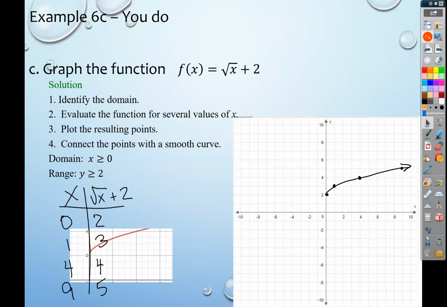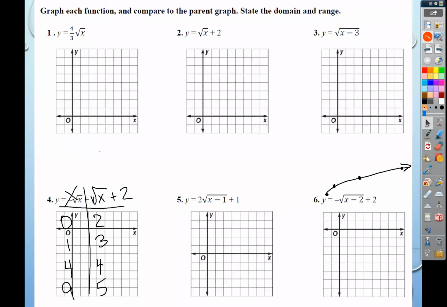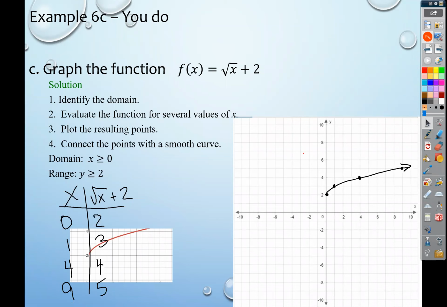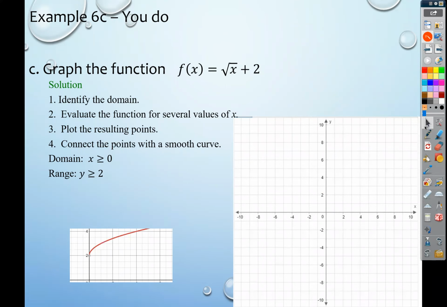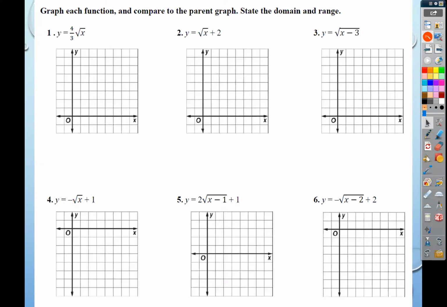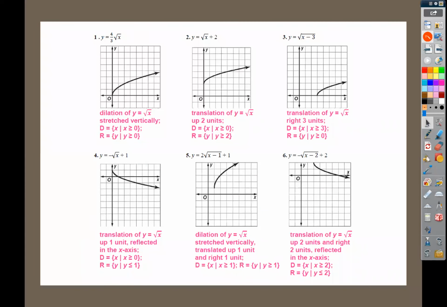The domain is x is greater than or equal to 0, and your range is y is greater than or equal to 2, because you start at where y equals 2 and you go up. Okay, here's some extra practice I want you to have, so pause this and try to graph those. And then those were the answers that you should have gotten.